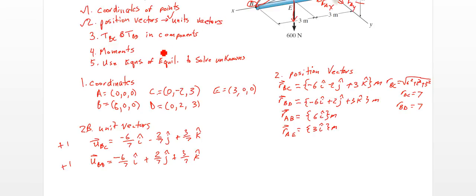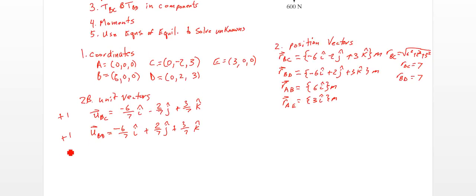So that's done. Now we need to find our tensions BC and BD in components. I'm going to call it FBC, equals our tension in BC times that unit vector, right? So we're going to have negative 6 sevenths i minus 2 sevenths j plus 3 sevenths k.